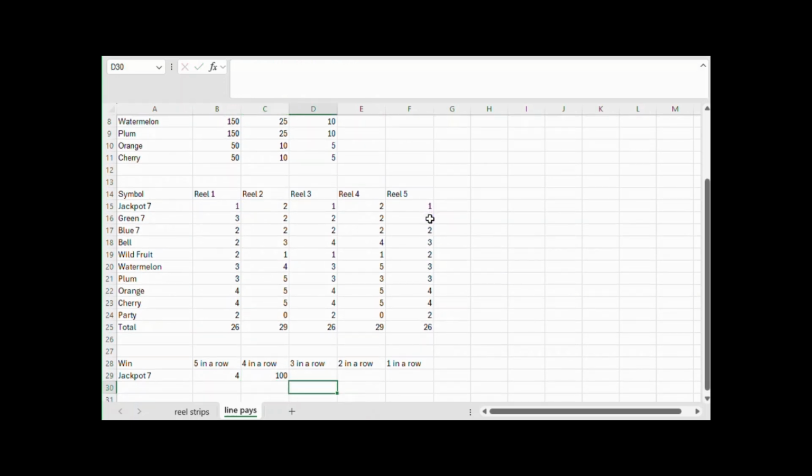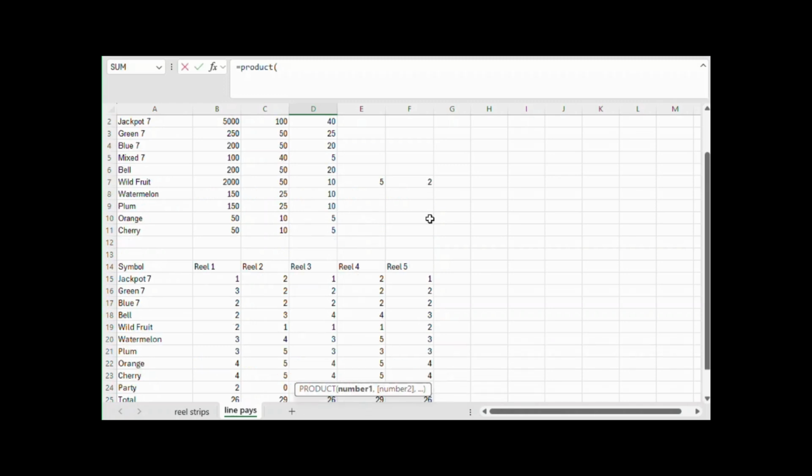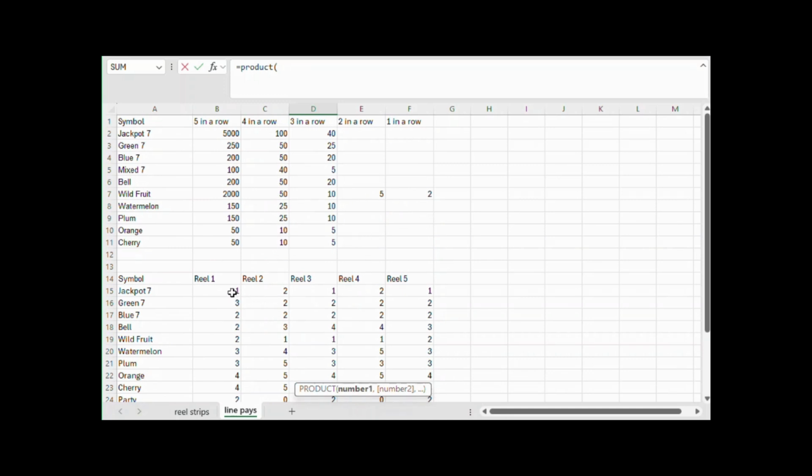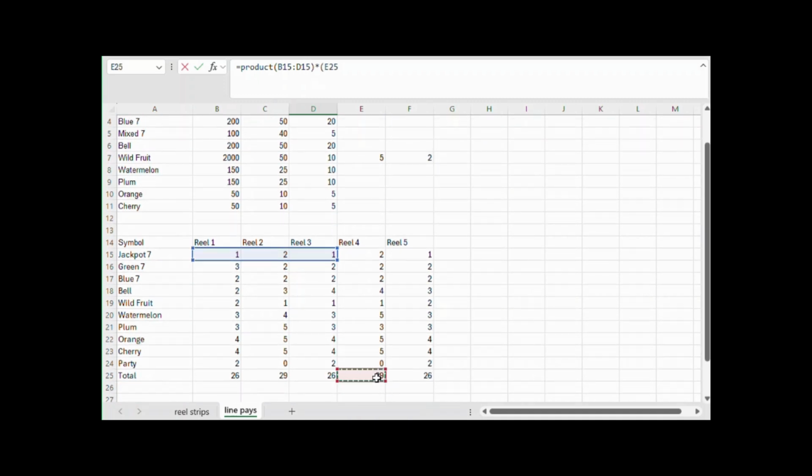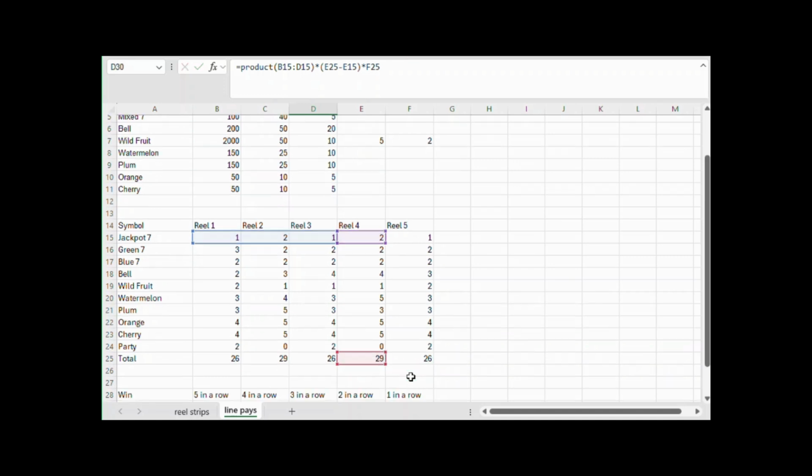So there are 100 ways you can get 4 Jackpot 7 symbols. And for 3 in a row, that's going to be the number of ways it occurs on reels 1, 2, and 3 times the number of ways it does not occur on reel 4, which is going to be 29 minus 2, and then the number of total stops on reel 5, because it doesn't make any difference what reel 5 is in this case, because the player got blocked on reel 4.